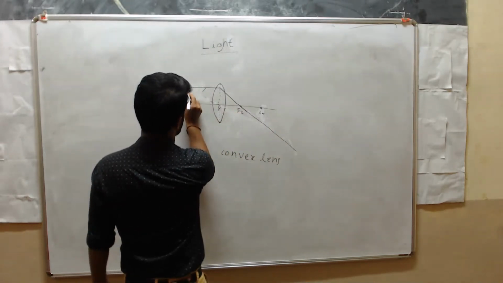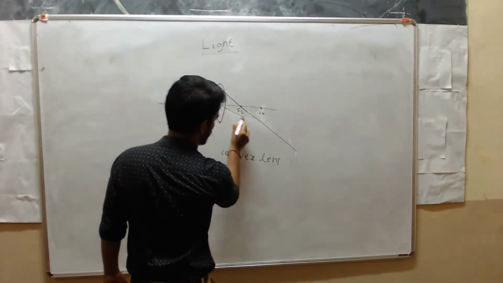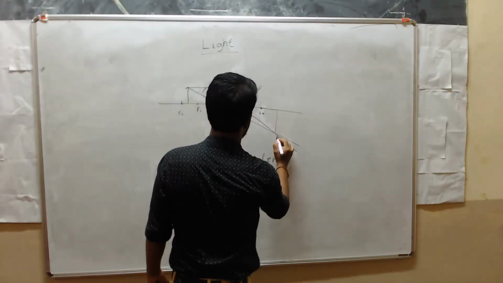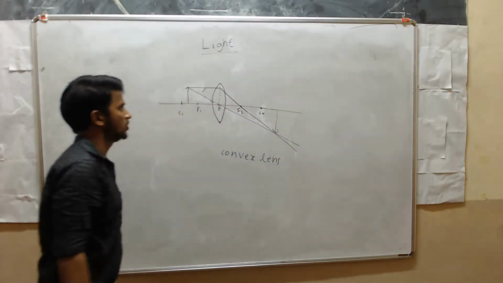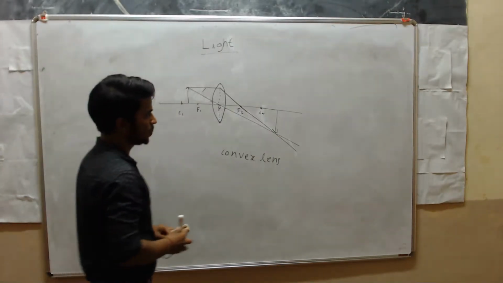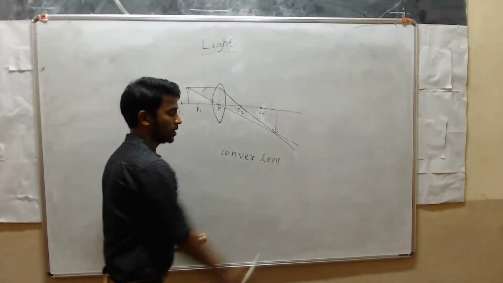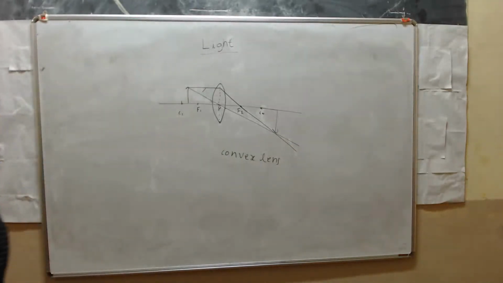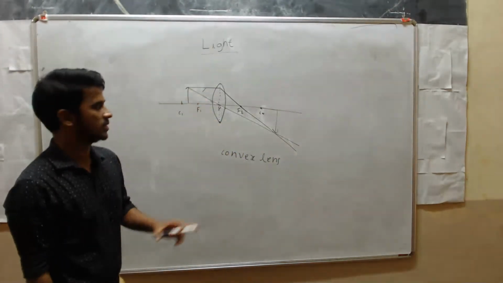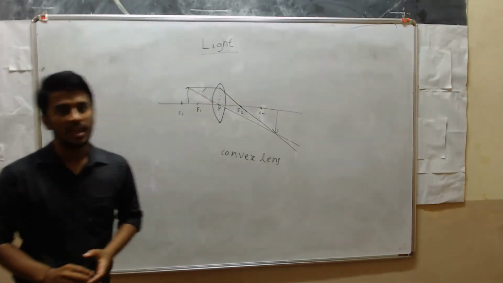Next, a ray passes through the optic center. So now the position of the object is between C1 and F1 and the position of the image is behind C2. Now the size of the image is greater than the size of the object. So the size of the image is enlarged.